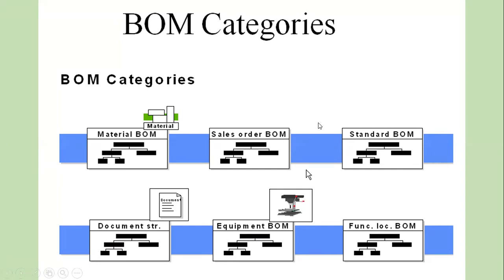Standard BOM, which is again a plain standard BOM. Material BOM is basically when you want to create a certain material, can be a finished good or semi-finished good. Now, a document strategy. What is a document strategy? I'll come to this later on.